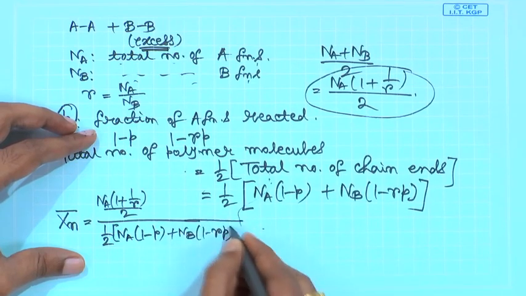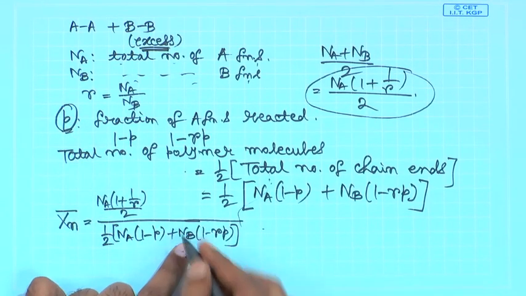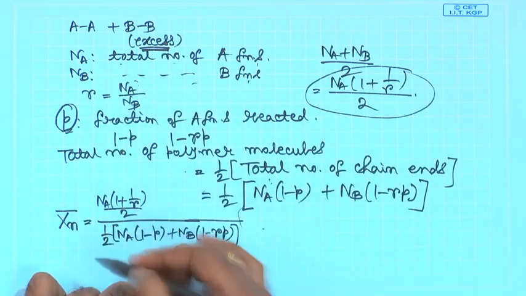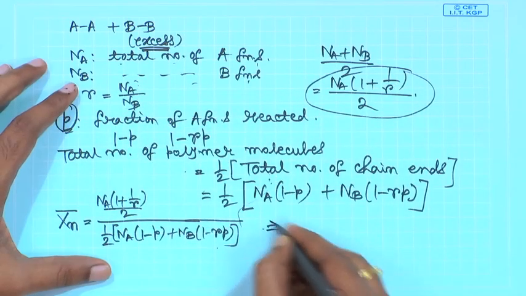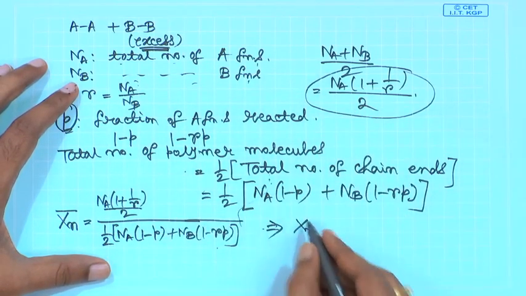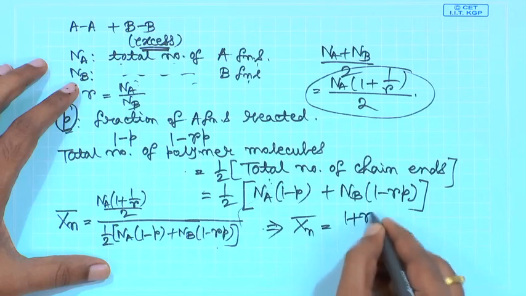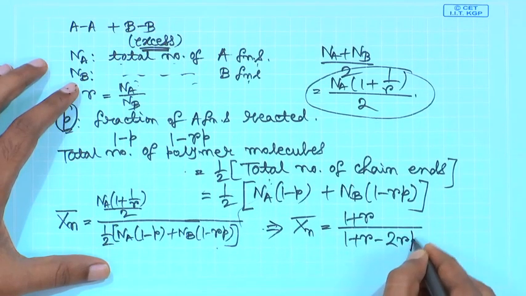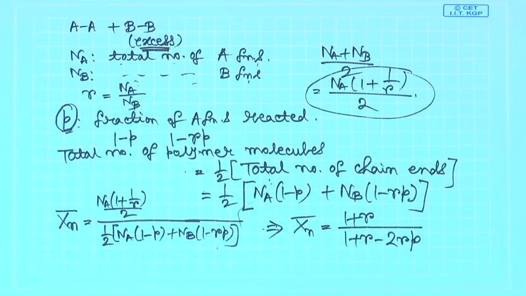Now, if you replace this Nb by Na by r, and do all the final analysis, I will just write down the final expression. This is just mathematics, you can do it. Xn bar becomes (1 plus r) divided by (1 plus r minus 2rp). That is the expression.